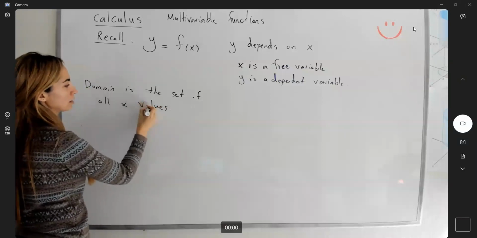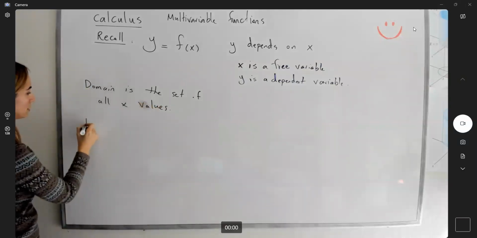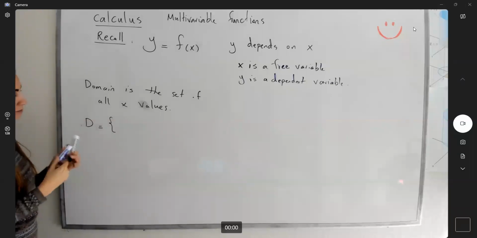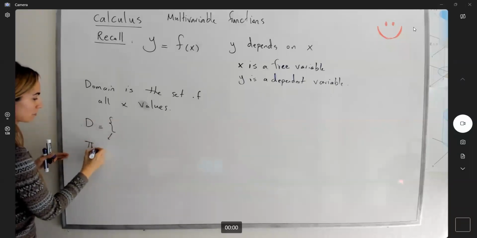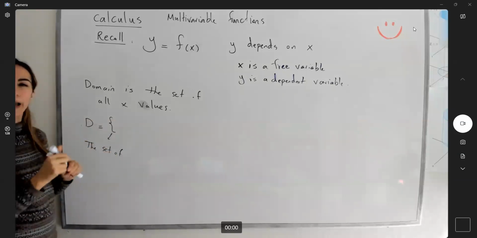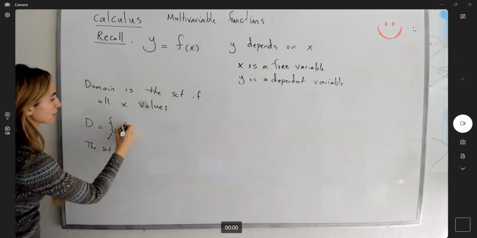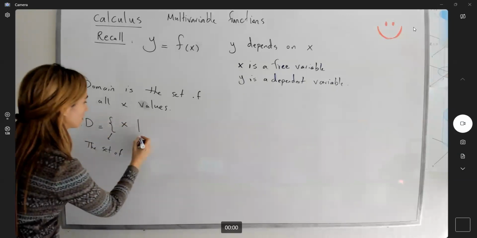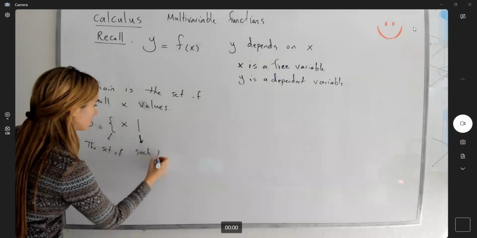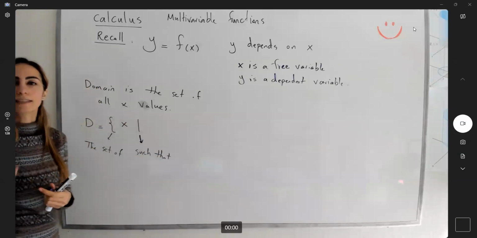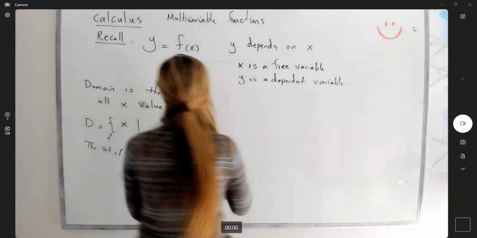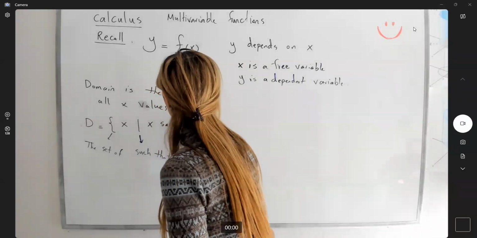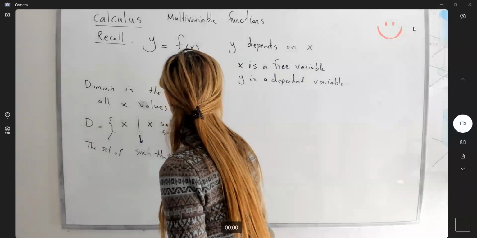But mathematically, we write it this way: D for the domain is equal to the set of x values such that x satisfies some conditions.